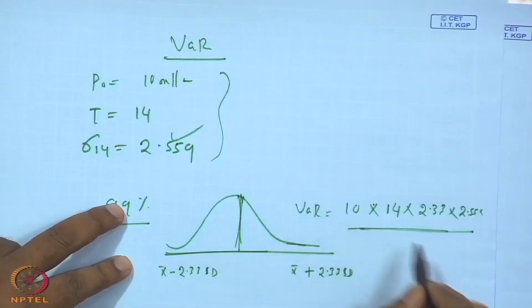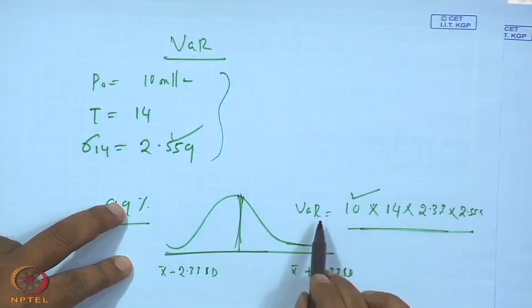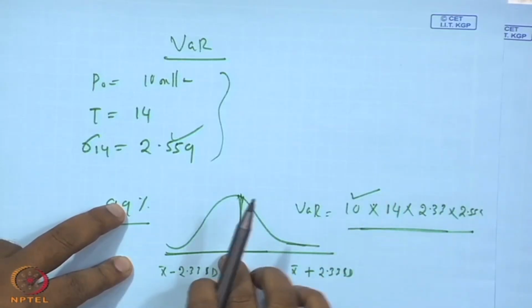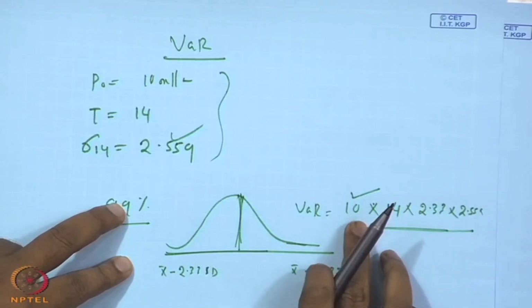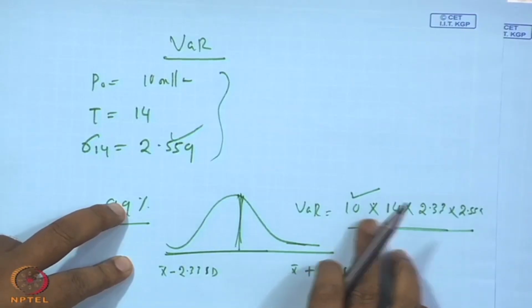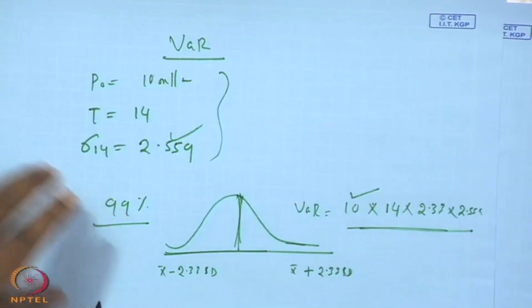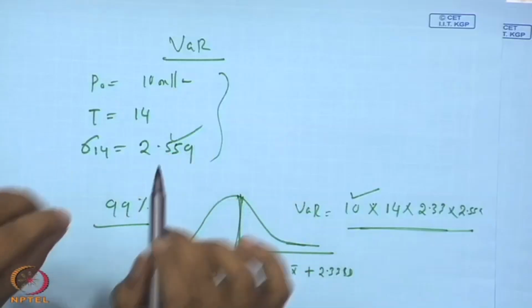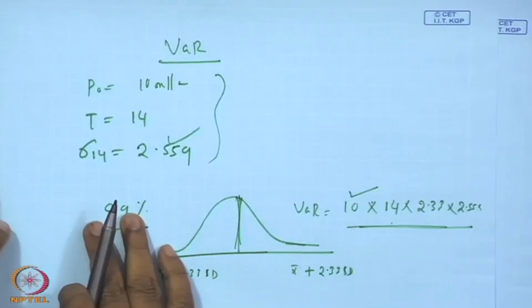Everything is in number except the 10 million, which is the dollar amount. What is the maximum loss we can have, that is what we are estimating. Value at risk means the tail end dollar value: what will be the maximum loss we can have. I have 10 million with a 14 days volatility of 2.559, and I am calculating the maximum loss I can have.